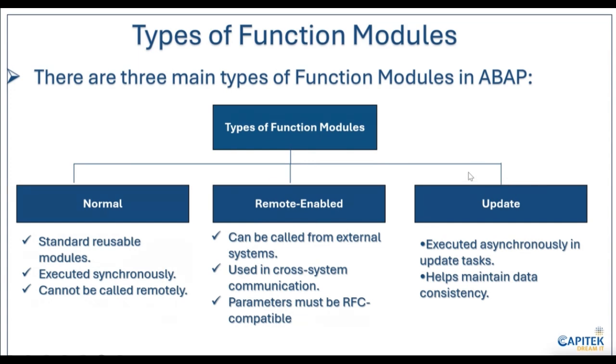This function module will work with respect to update tasks. Update task means, for example, you are making a call to a system and waiting for the response. The other system on the other side is not responding to your call. Let us suppose it is taking 1 or 2 hours. Until then, you have to wait.